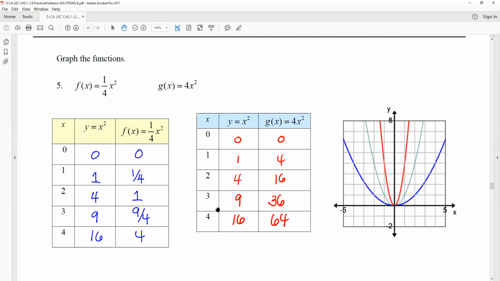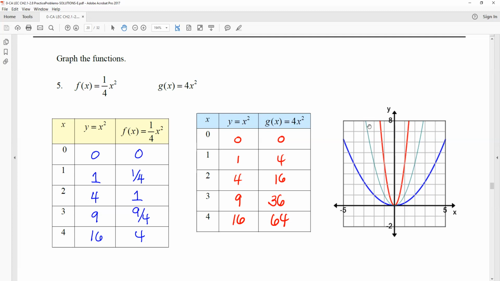Let's look at this. We got a fraction. Okay, in this case, the green line is y = x². So we're going to take that times 1/4, and it's going to spread it out. Now, what does this do?